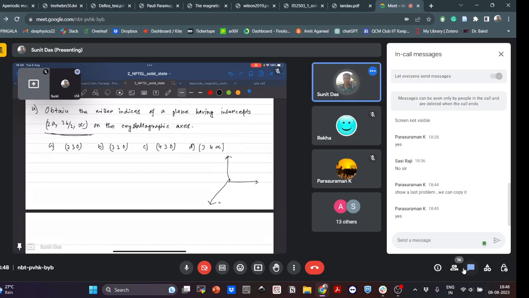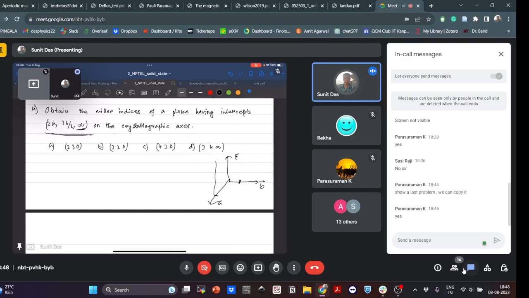So it will be like A axis, B axis, C axis, and the plane is somewhere at 2A, 3B by 2, and doesn't intersect anywhere on the third axis.